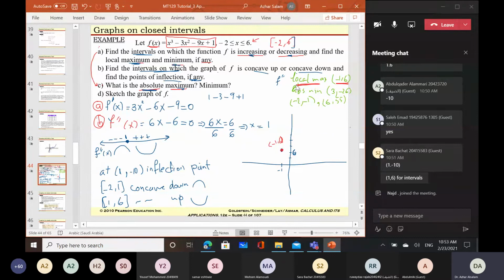We said that the absolute maximum was at 6 and 55. So here I indicate 6, 1, 2, 3, 4, 5, 6, and 55. Let's say that 55 is here. So it could be a point somewhere here.